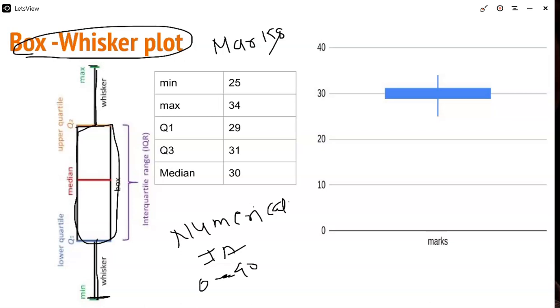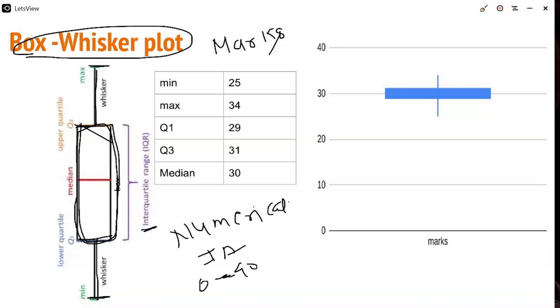On the topmost edge of the whisker, the maximum value of the variable is plotted. On the lower side, the value of Q1 is plotted, and Q3 is plotted on the upper side. A box is plotted like this, Q1 to Q3, and this distance from Q1 to Q3 is also called the interquartile range or the IQR.